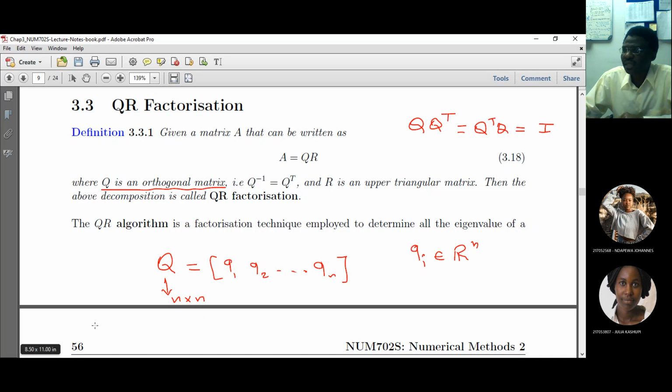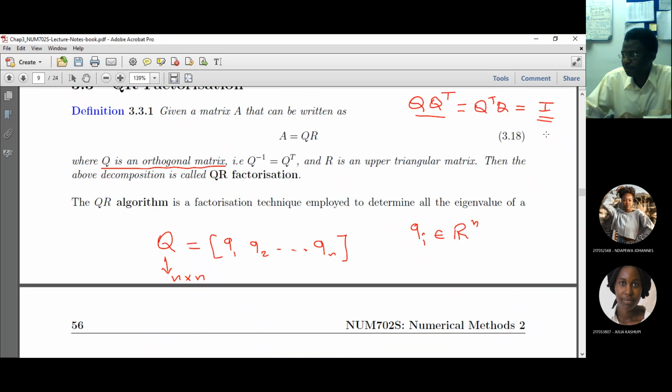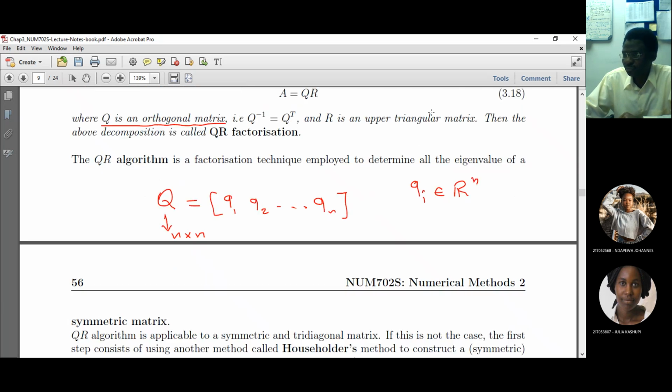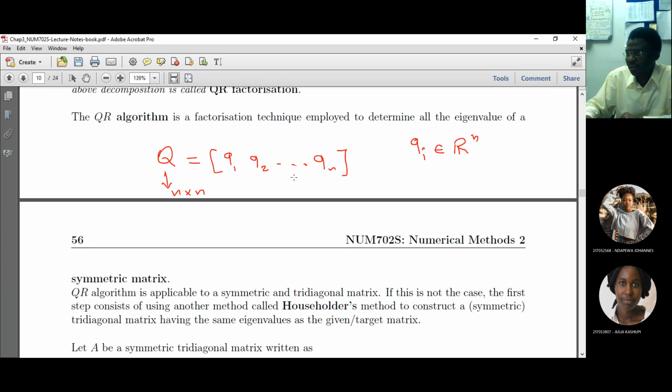Right. Now, when we say that it's orthogonal, in other words, Q times Q transpose is identity, it just means, now if you write this Q and Q transpose, if I write Q like this, what would be Q transpose?